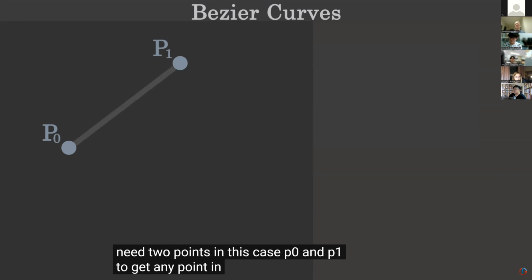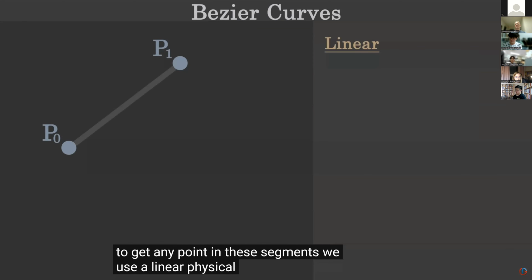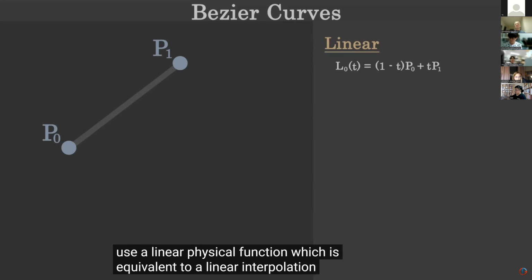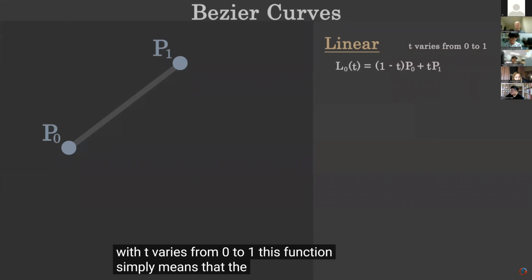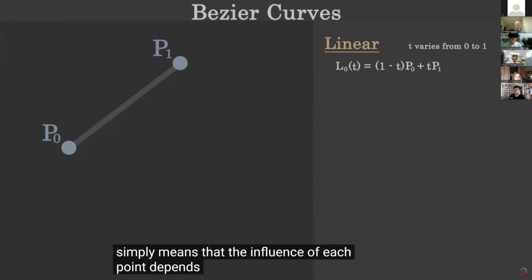To get any point in this segment, we use a linear Bezier curve function, which is equivalent to a linear interpolation, with t varying from 0 to 1. This function simply means that the influence of each point depends on t. For t equal to 0, we will get P0. For t equal to 1, we will get P1.